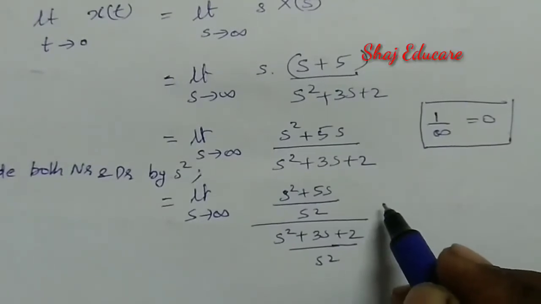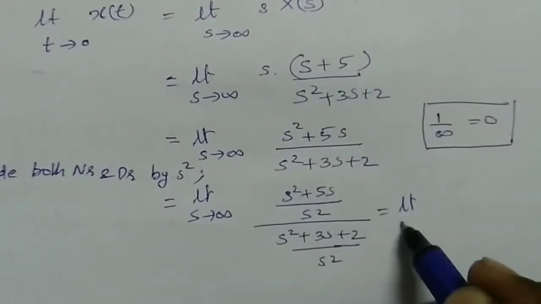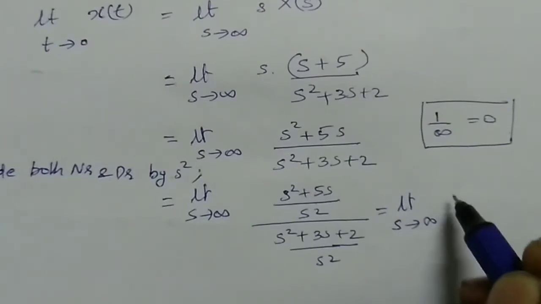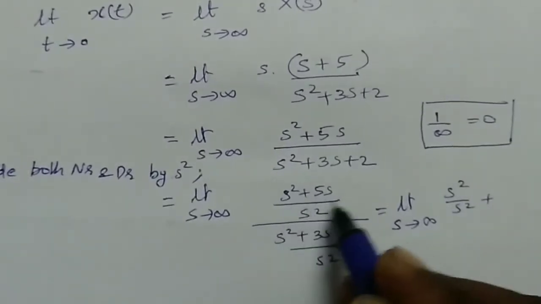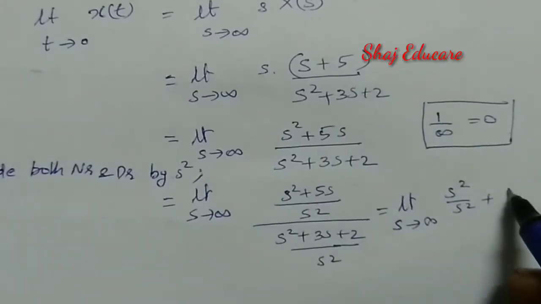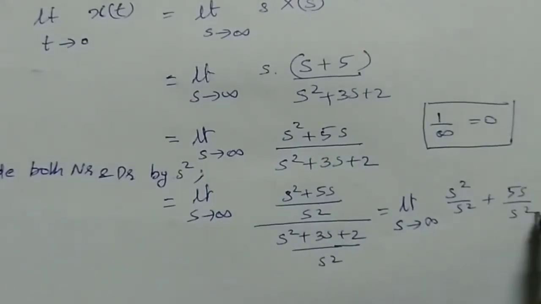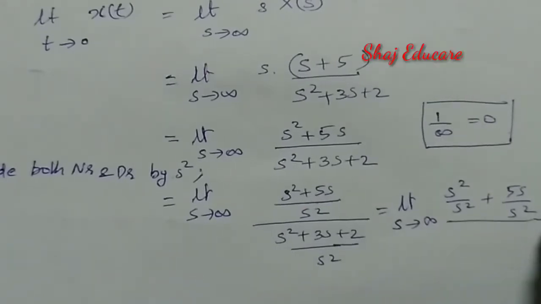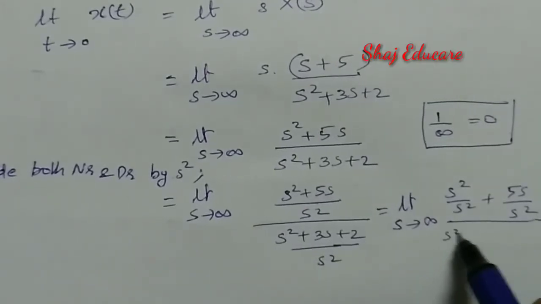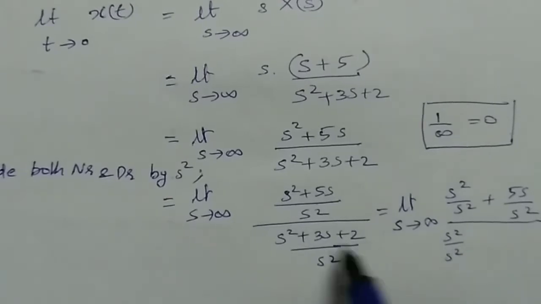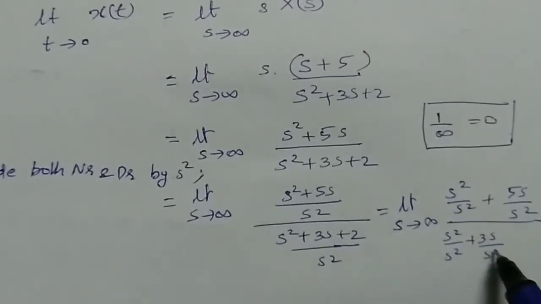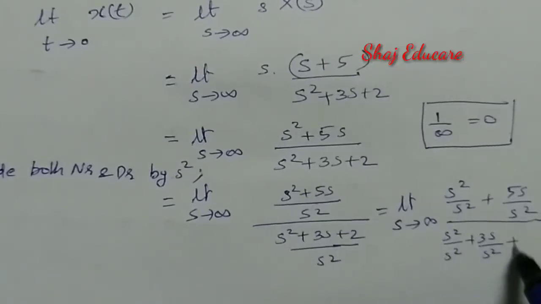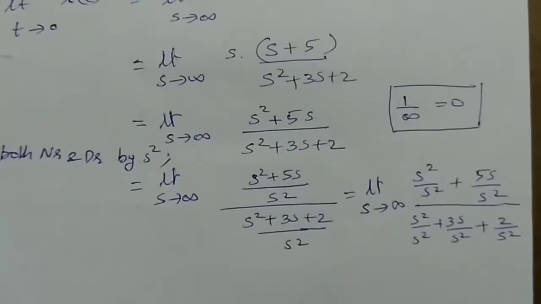Now let us split this: s² by s² plus 5s divided by s², all divided by s² by s² plus 3s divided by s² plus 2 divided by s². Okay, right?